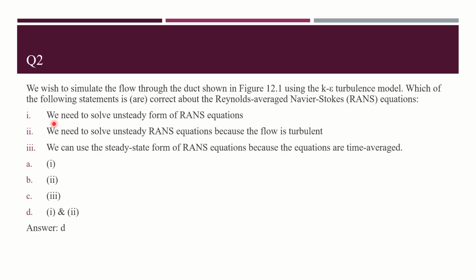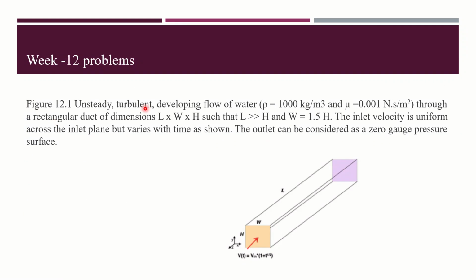The second question was about what would happen when we use the Reynolds averaged Navier-Stokes equations. We are dealing with the unsteady form of the equations, so we need to solve the unsteady form of the RANS equations because the flow is turbulent. The question statement itself clearly mentions that we are dealing with unsteady turbulent flow problems.